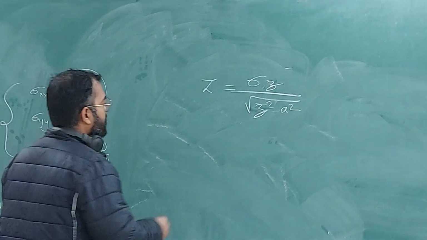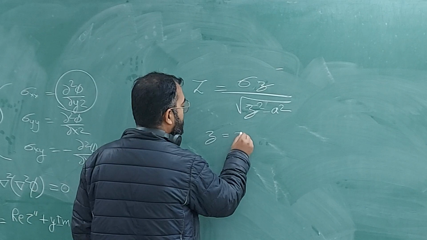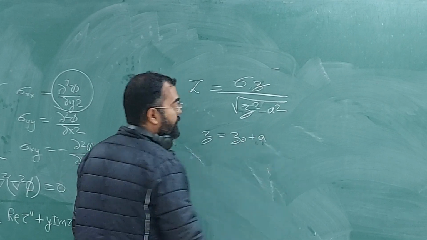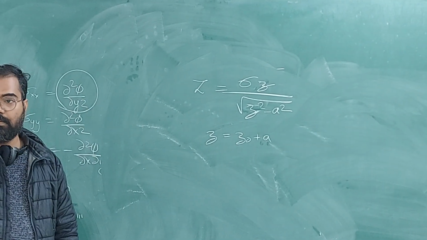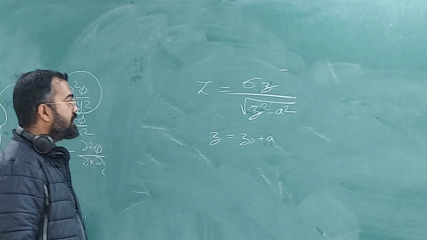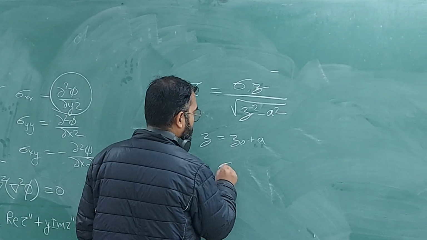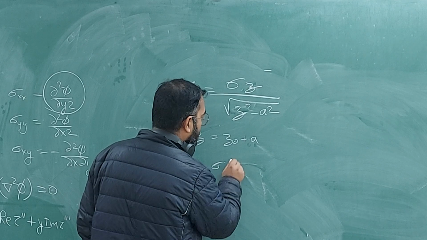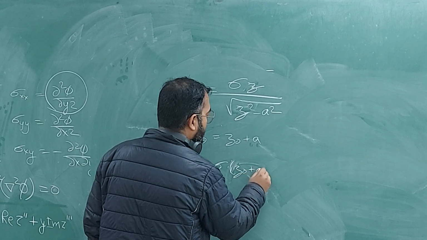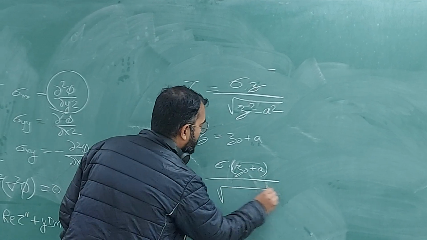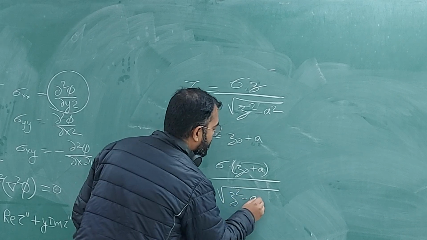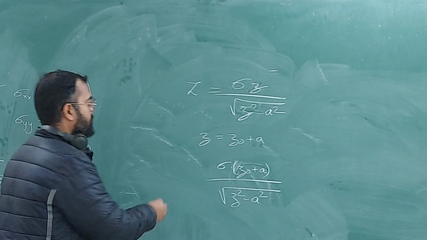So that means Z becomes Z0 plus a. And then the function becomes sigma (Z0 plus a) divided by square root of Z squared minus a squared.